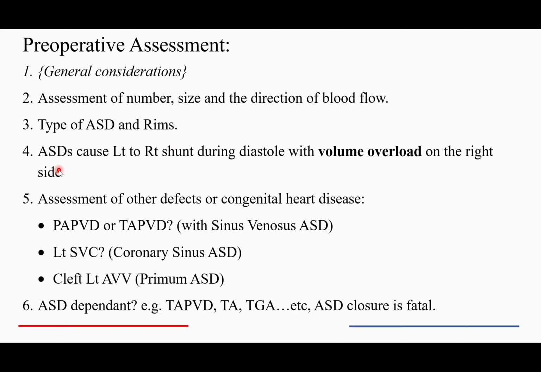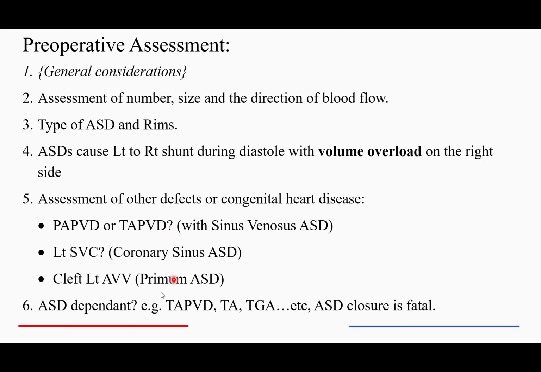ASDs cause left to right shunt during diastole with volume overload on the right side. We said this before. Assessment of other defects or congenital heart diseases may be especially important because in sinus venosus ASD, usually there is partial or total anomalous pulmonary venous drainage.